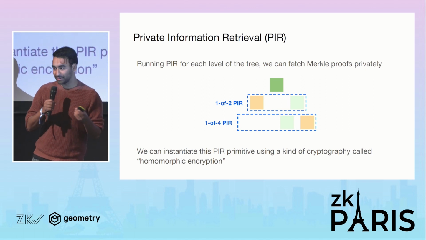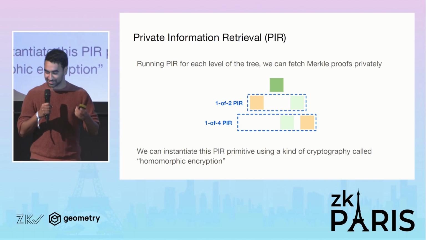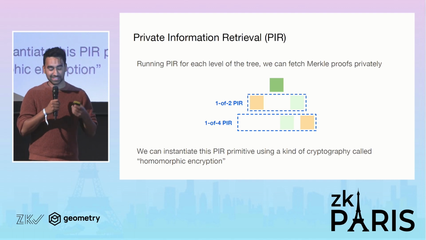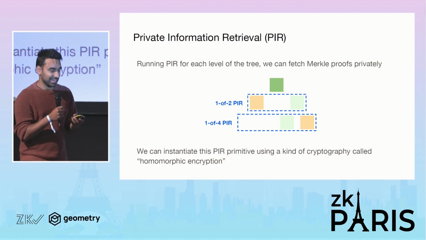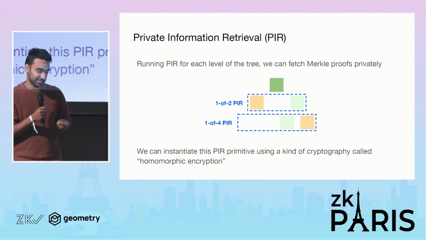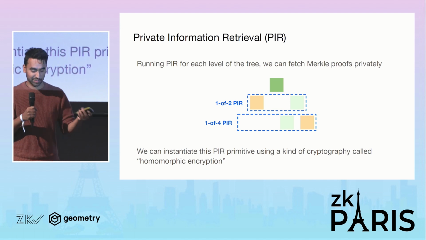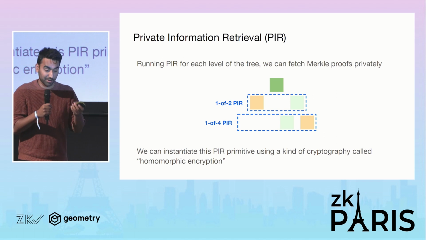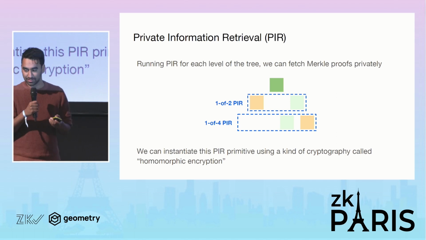The title of the talk had homomorphic encryption in it. I still haven't gotten to it. So where does homomorphic encryption come in? Basically, the idea is to actually instantiate PIR, to have the server somehow be able to give you this information without learning which item you're taking. We need this other cryptography called homomorphic encryption.